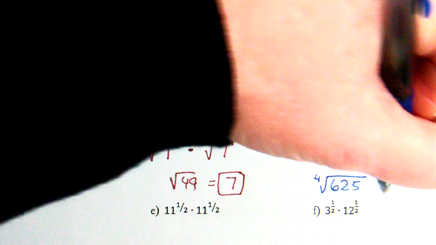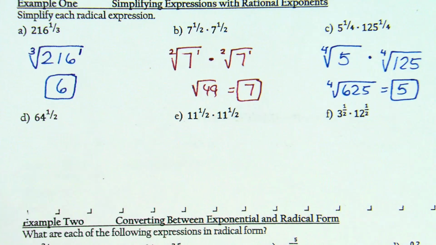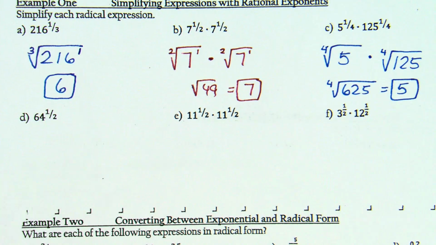As you get better at these, you might not actually have to convert over. As in, I say 64 to the 1/2. Are you there? Can you just tell me what that is? Or do you need to process through it? I agree.